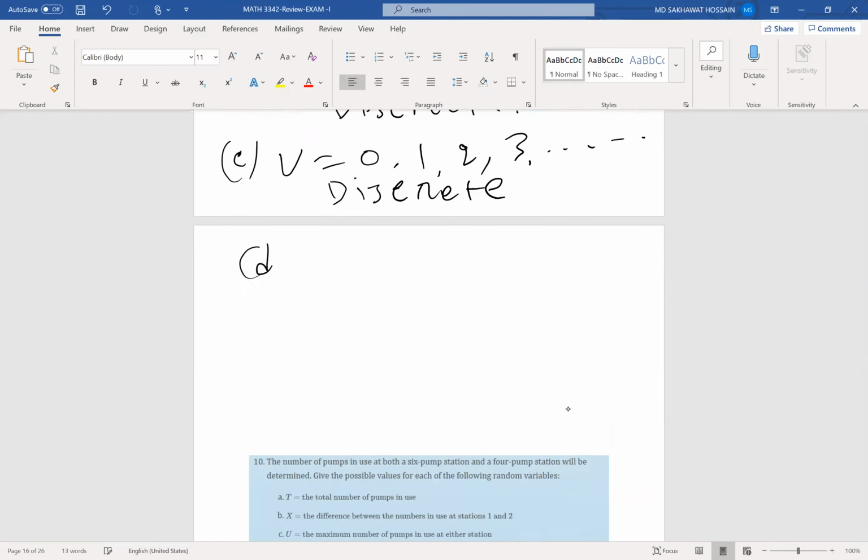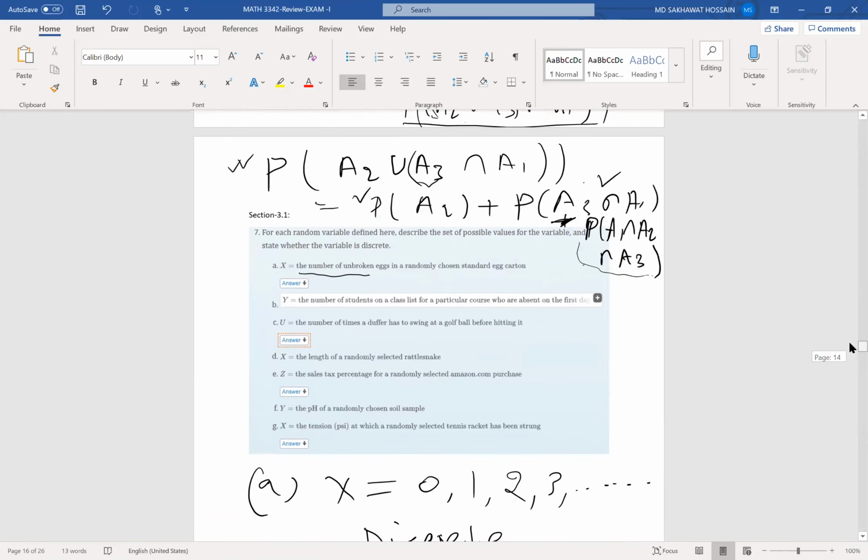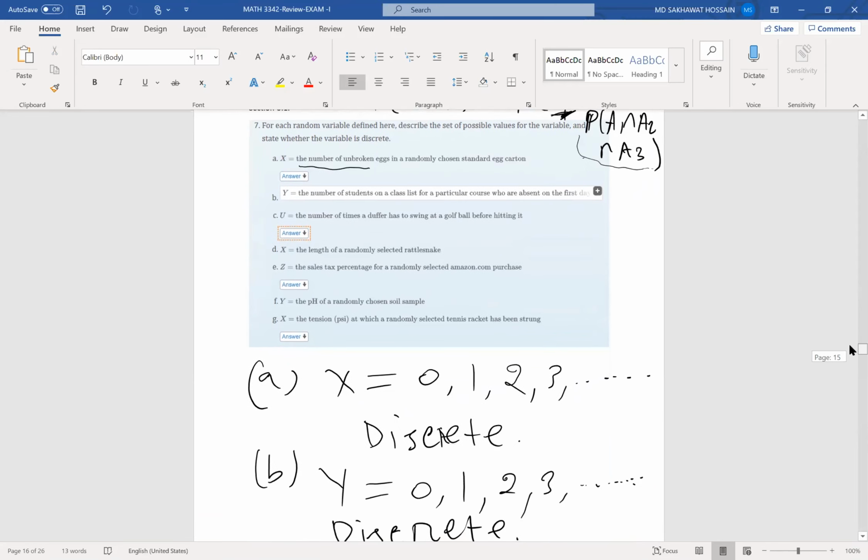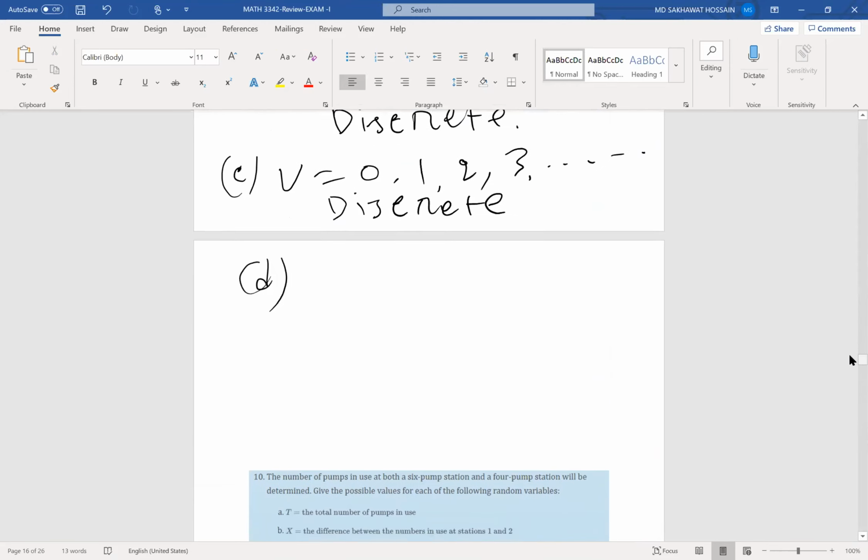So part D, the random variable is the length of a rattlesnake. So this is also X. The possible values will be greater than 0, so X can be any positive real number.